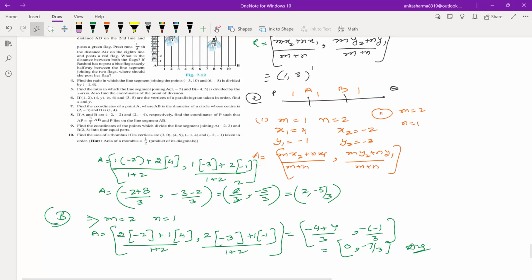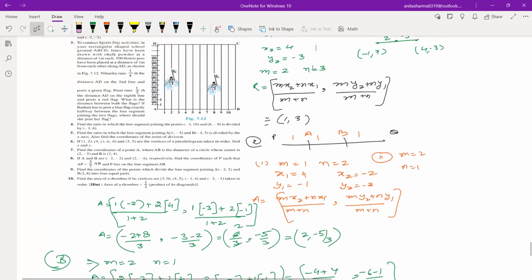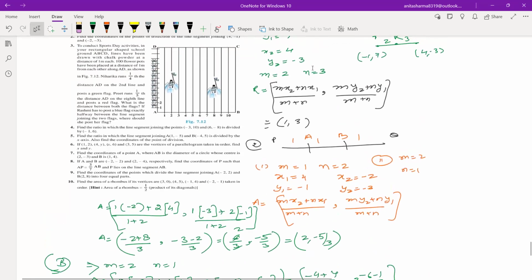And children, see now question number 3 will be asked as a case-based question.